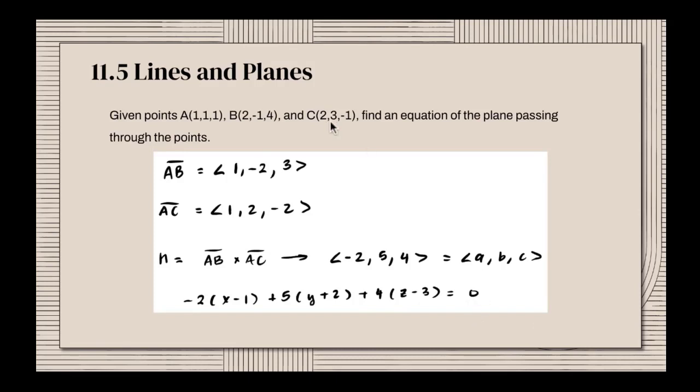Then you can plug in any of the points that you have from before into the standard equation of the plane that we had earlier and solve for the equation of the plane. And you can even simplify it further to the more simplified version of the standard equation.